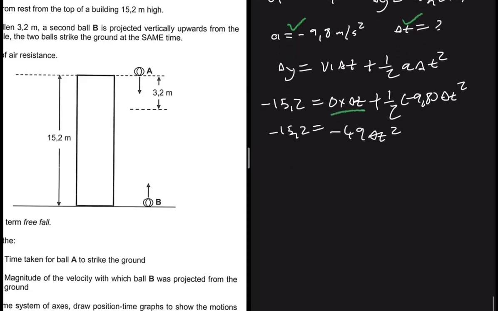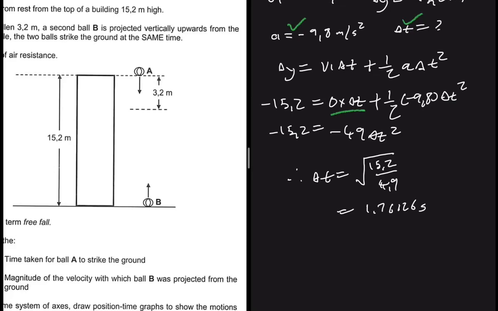So it's easy to see now that delta t will be equal to the square root of 15.2 divided by 4.9. Right? So now it's just a matter of putting that in your calculator, and what am I getting? I'm getting 1.76126 seconds. So that is the time it takes ball A to strike the ground, right?